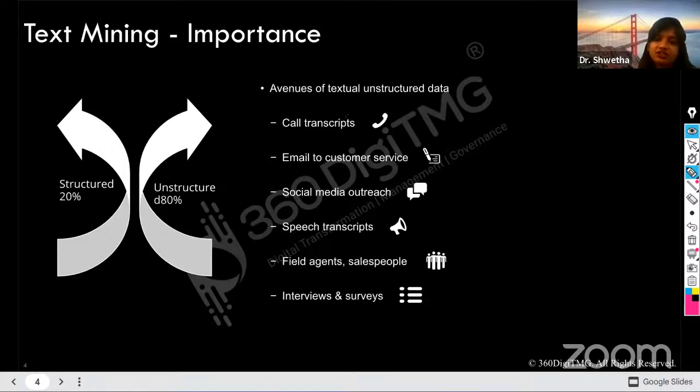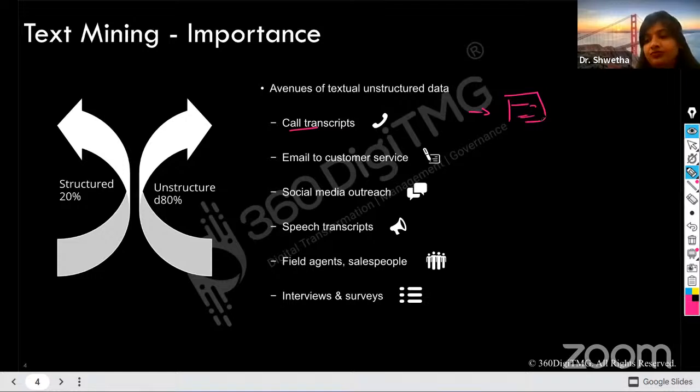Where do we get unstructured or textual data? Call transcripts. Call transcripts are nothing but, in the olden days, saving the call recordings was not an option because of data storage. The calls were transcribed into text and this text was stored.